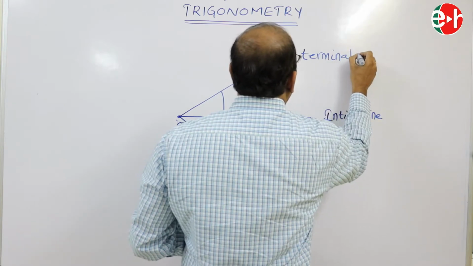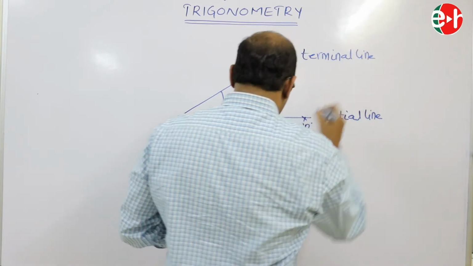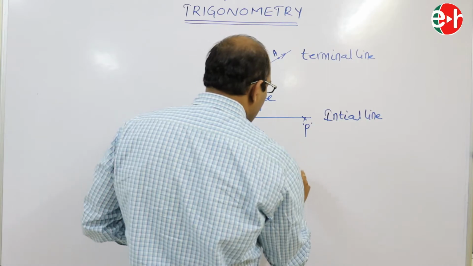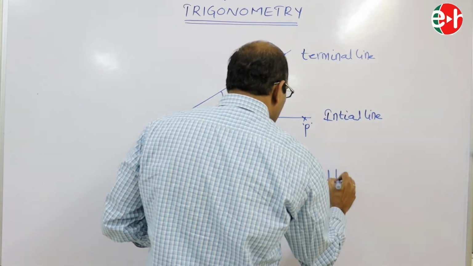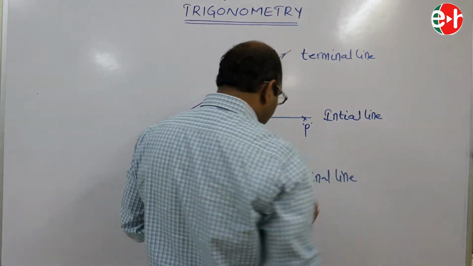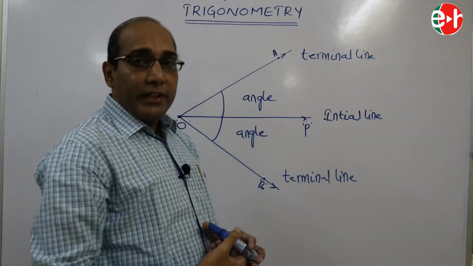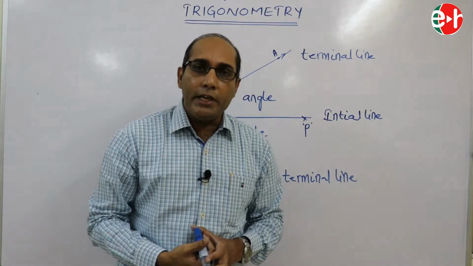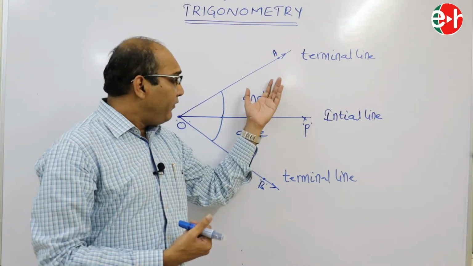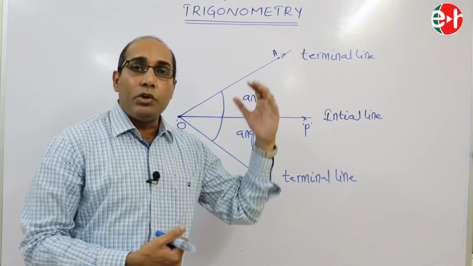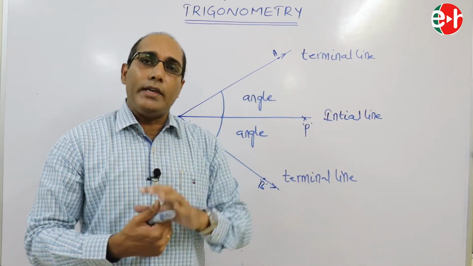This is also called a terminal line. Therefore, the angle is nothing but the amount of rotation made by a line, in anti-clockwise sense or clockwise sense.